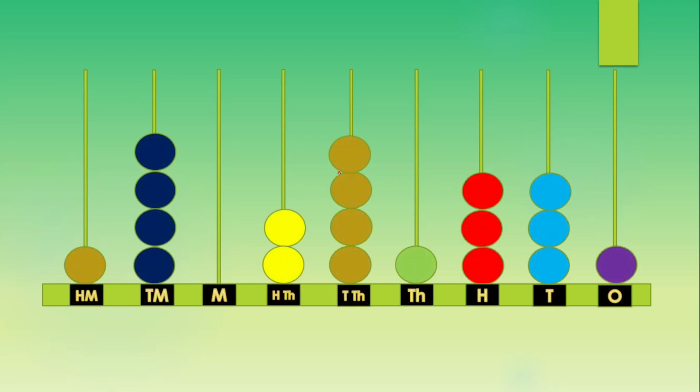Here children, you can see no bead is at the millions place. So how will I speak the number? As I have told you, 3 places we have to speak together. So what is the number shown here?